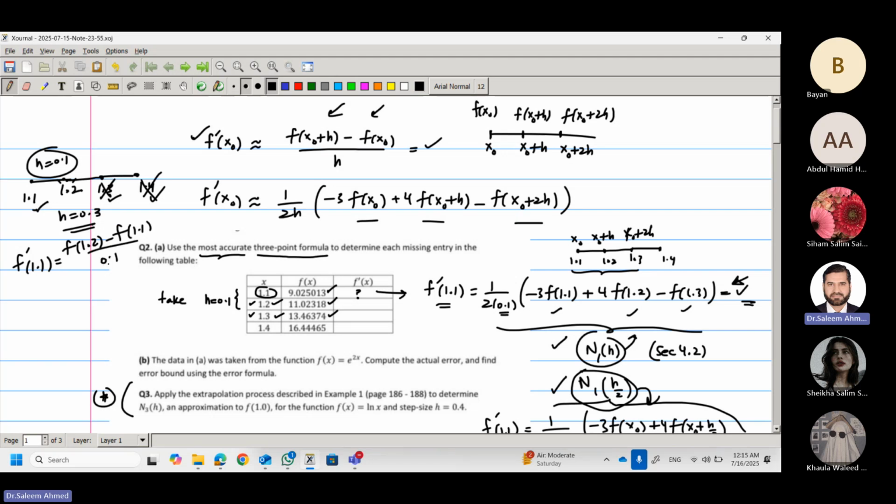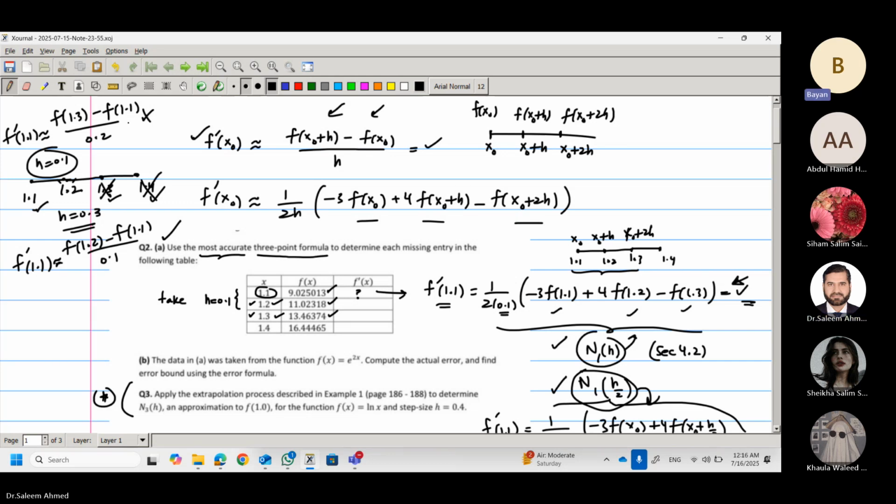This should be my most accurate answer. If you use f of 1.3 minus f of 1.1, where the difference is 0.2, that also gives you an approximation for 1.1, but this will not be the most accurate. This one will be the most accurate. The accuracy will be better when h is small. Okay?